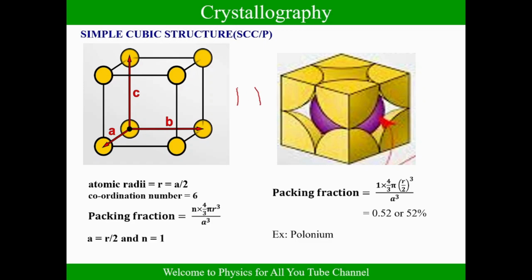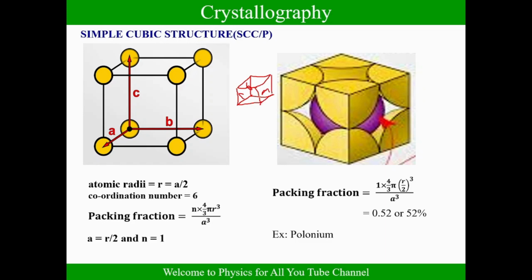So how can we measure the dimensions of the unit cell? The unit cell can be measured by using the length of the x-axis, the length of the y-axis, and the length of the z-axis. These lengths can be represented by lattice parameters: small a is the length of the x-axis, small b is the length of the y-axis, and c is the length of the z-axis.